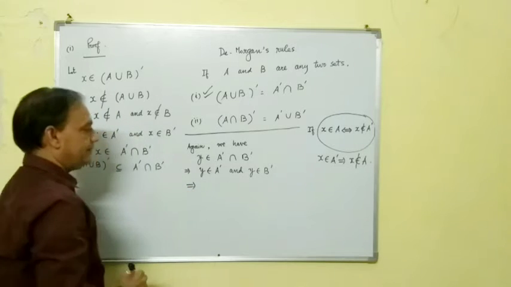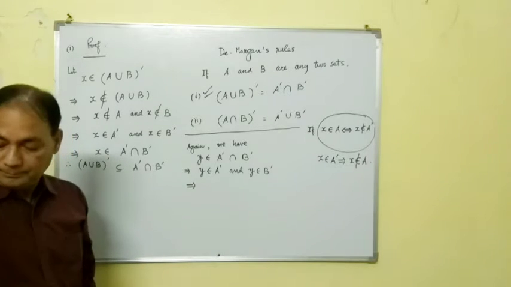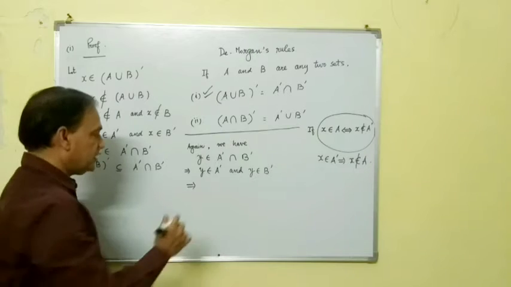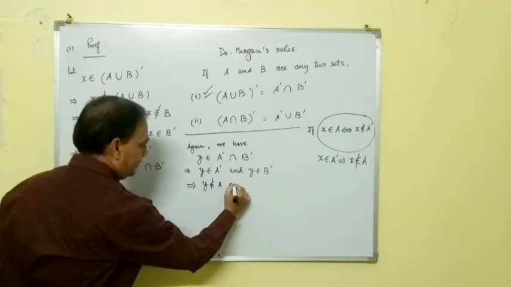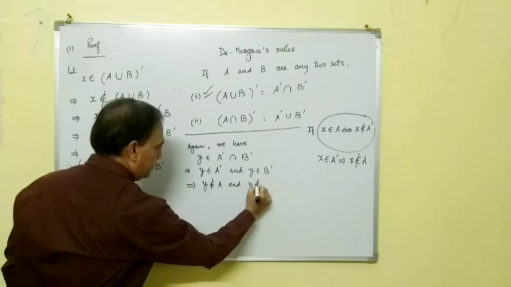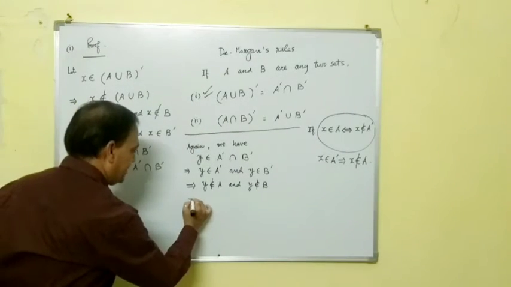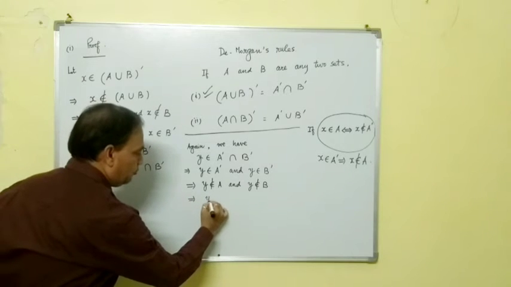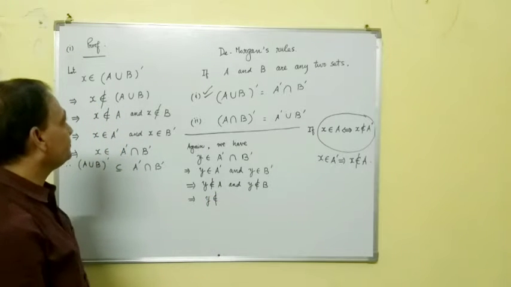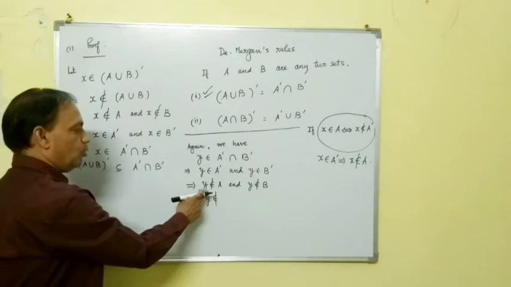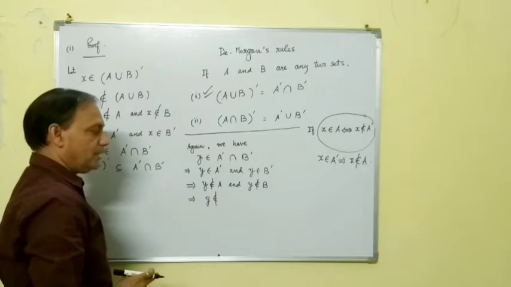This implies that y does not belong to A and y does not belong to B. What does it mean?